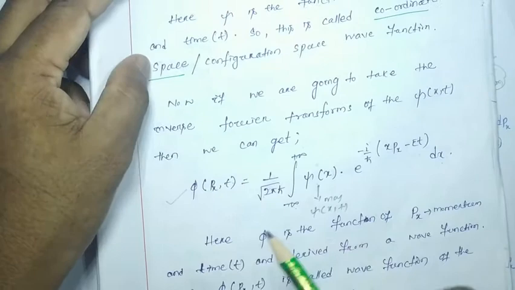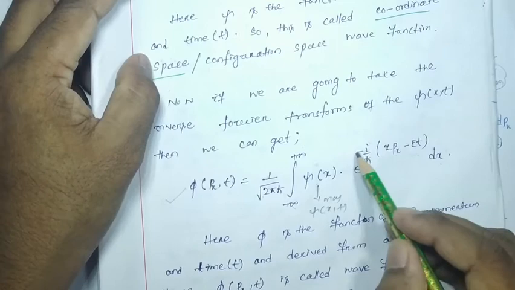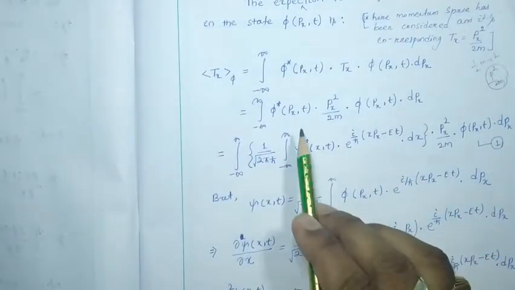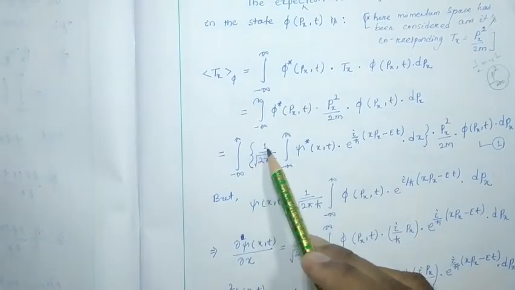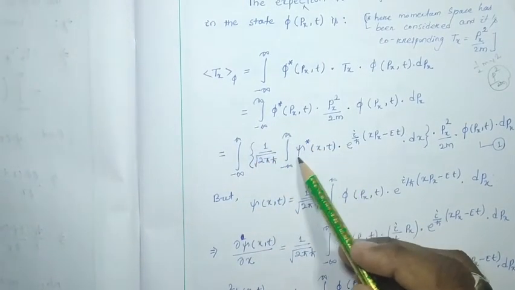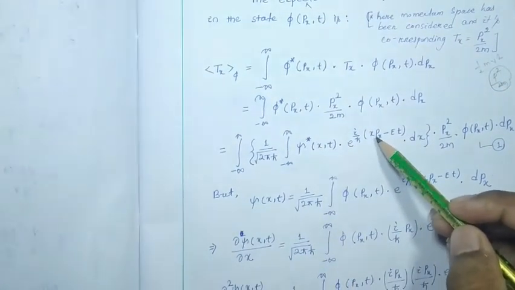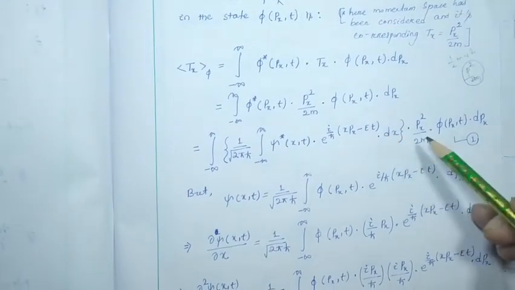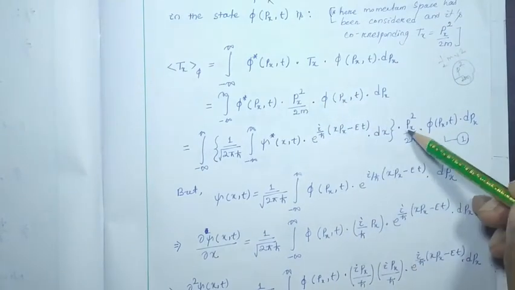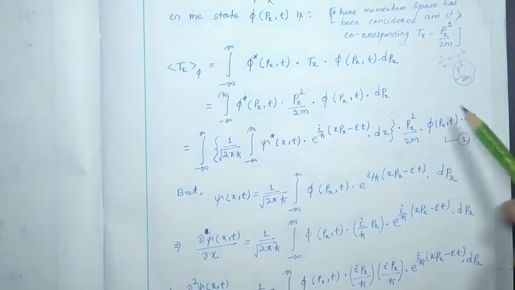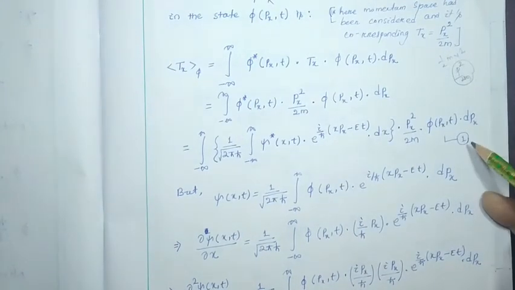If we consider phi star (px, t), then it will be psi star and the sign will be plus. So instead of phi star (px, t), we can write 1 by root over 2 pi h cross, integral from minus infinity to infinity of psi star (x, t) e to the power i by h cross (x px minus E t) dx. Then the other terms remain the same, that is px square by 2m into phi (px, t) into dpx. Let this be equation number 1.